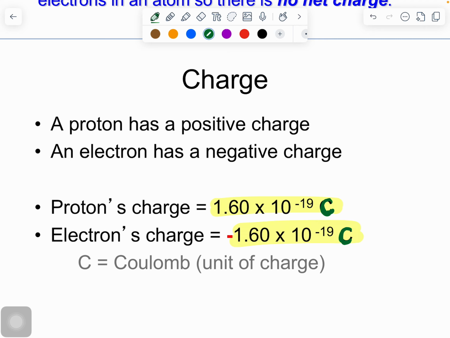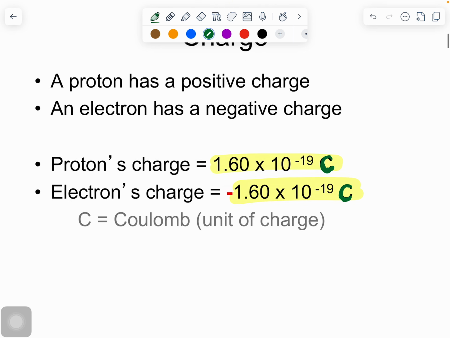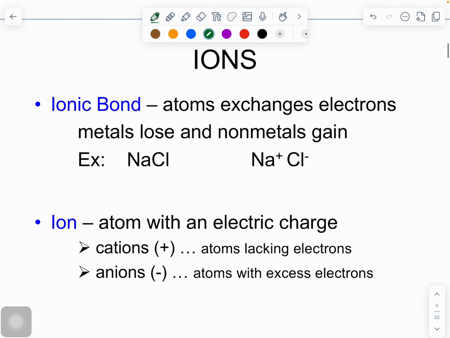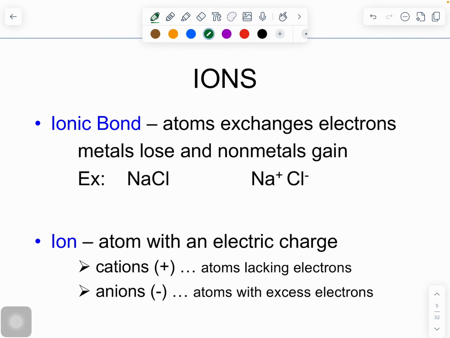So again, we're going to be talking about full objects in our class, but it follows the same concept because everything is made up of atoms. So looking at this slide here, we are going to discuss the vocabulary word ion. The purpose of the ionic bond at the top of the page is really just a little refresher.